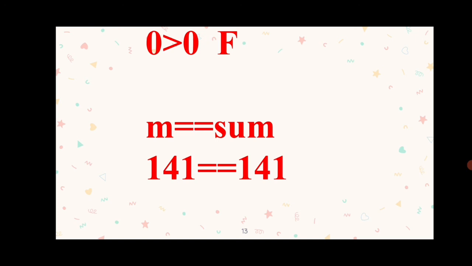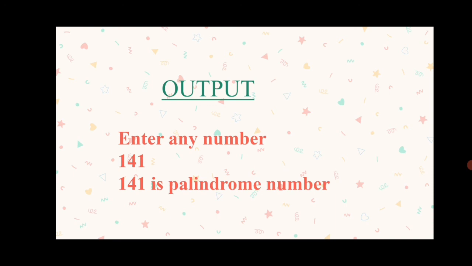These two numbers are equal, so it prints the given number is a palindrome number. That's why the output is, enter any number, 141 I have entered, then it gives the output 141 is a palindrome number.